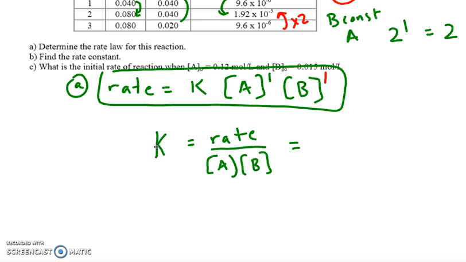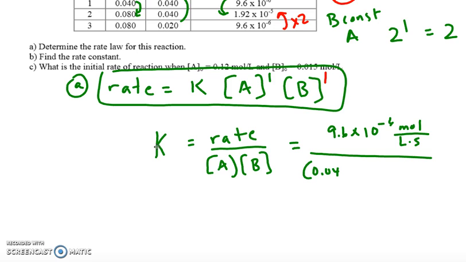Again, we're going to pick trial number 1, where the rate was 9.6 times 10 to the negative 6 moles per liter times second. In trial 1, the concentration of A was 0.040 moles per liter. The concentration of B was also 0.040 moles per liter.